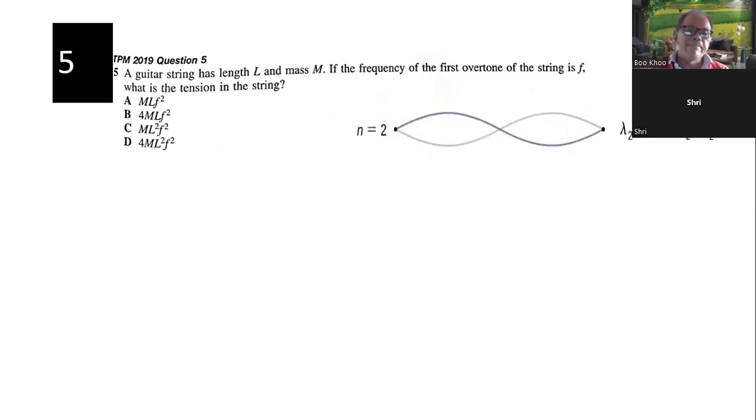What's the answer? Right, that's your first overtone. Must know roughly how it looks like.